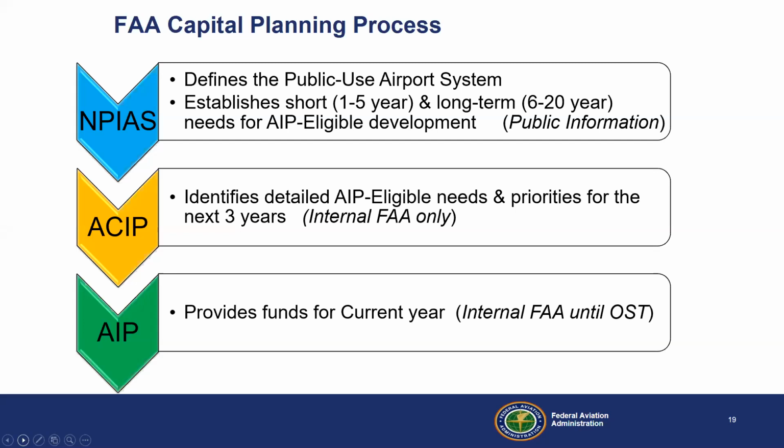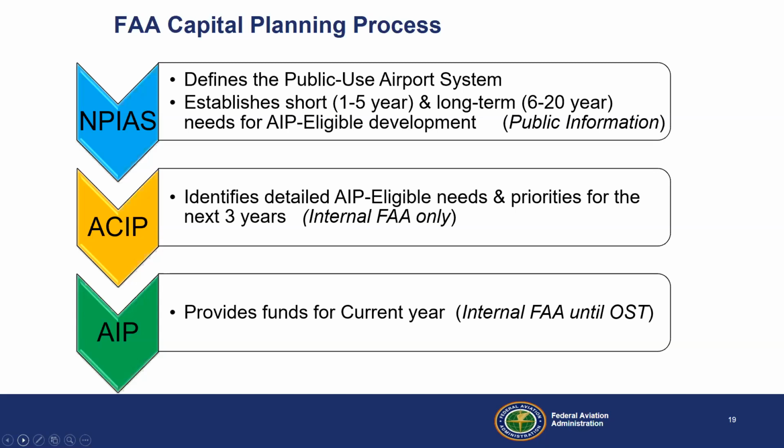The FAA uses that information to develop our ACIP so that we can identify funding needs and priorities for the next 3 years. We balance all of that with planning ceilings and estimates of what we can fund so that we have a pretty good idea of what we have to spend this year, next year, and the following year.